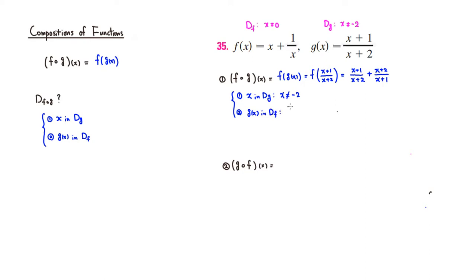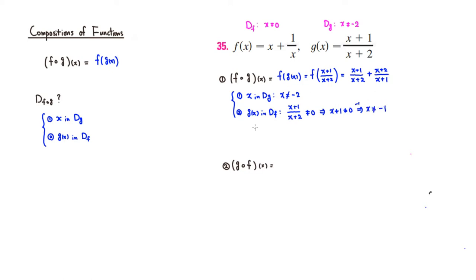So x plus 1 over x plus 2 has to be in the domain of f. Domain of f is all real numbers except 0. So it cannot be equal to 0, which means that x plus 1 cannot be equal to 0. By subtracting 1, x cannot be equal to negative 1.